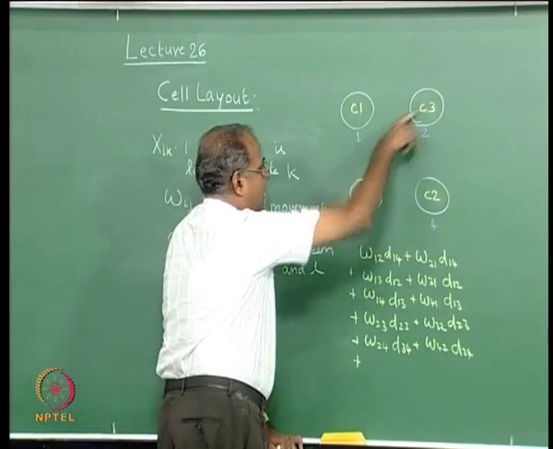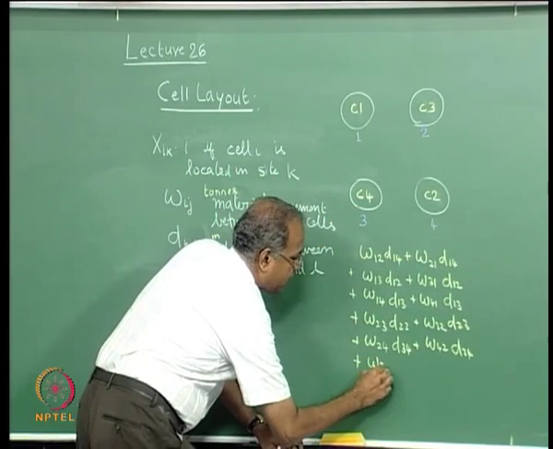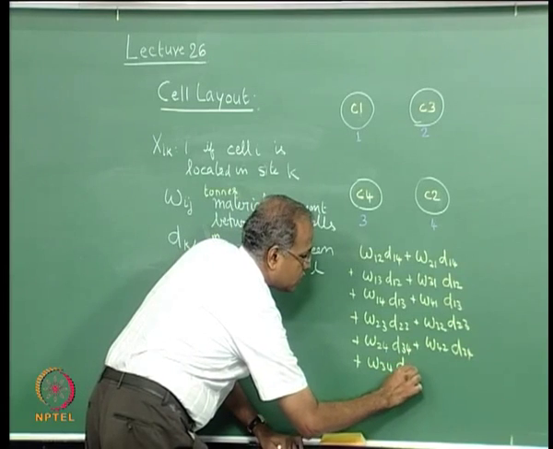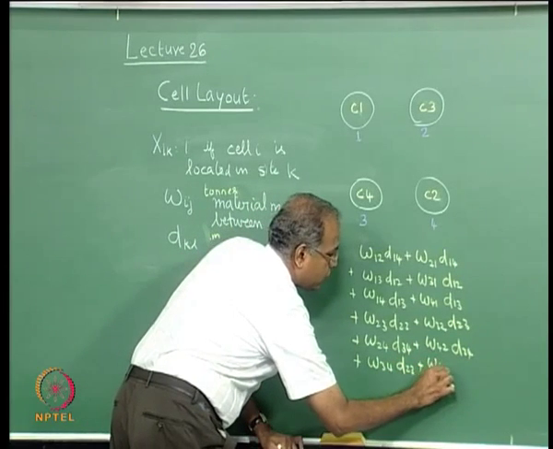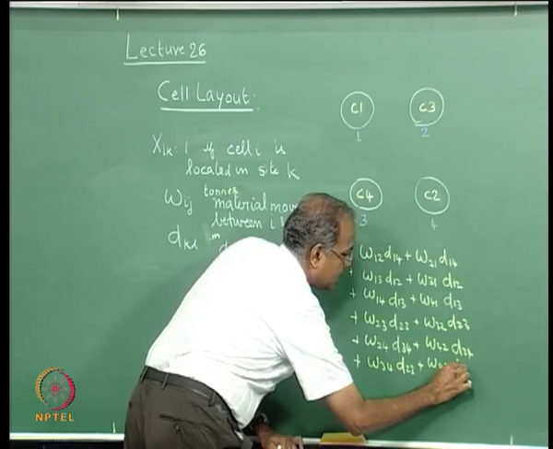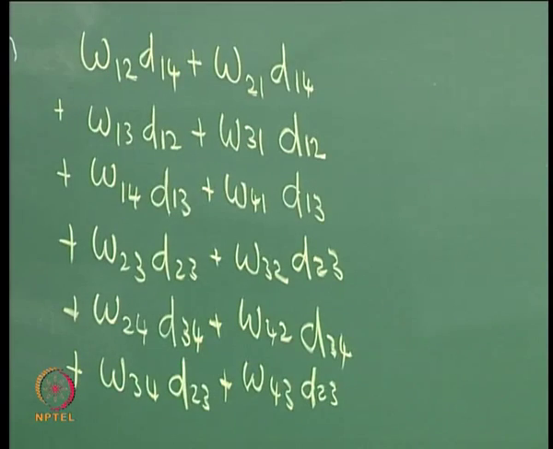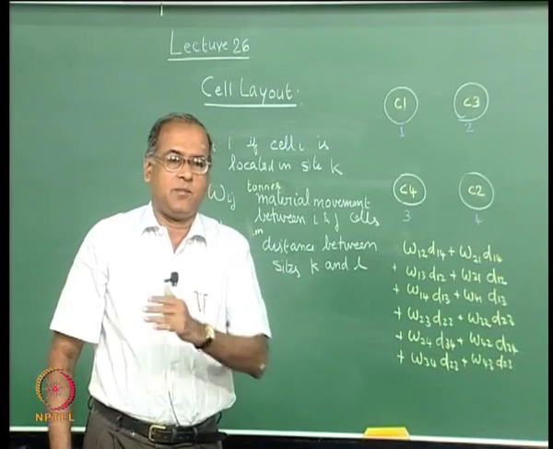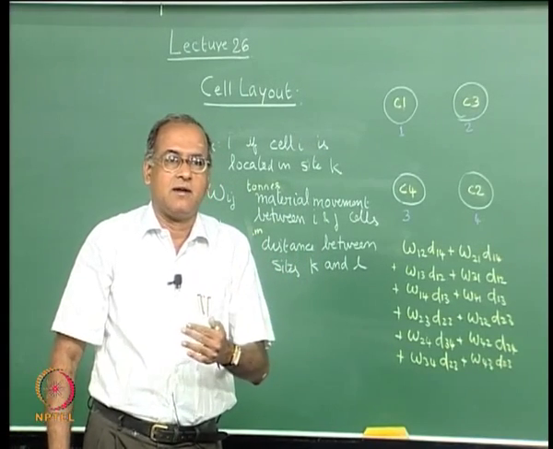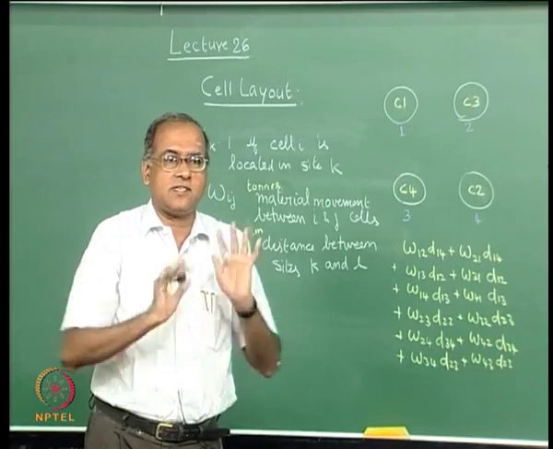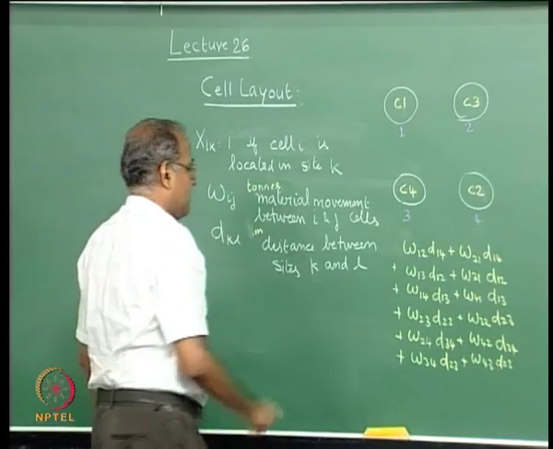Between 3 and 4 it will be W34 d23 plus W43 d23. So, this will represent the movement in terms of ton kilometer or kg meter. Essentially a load into distance is represented by this.